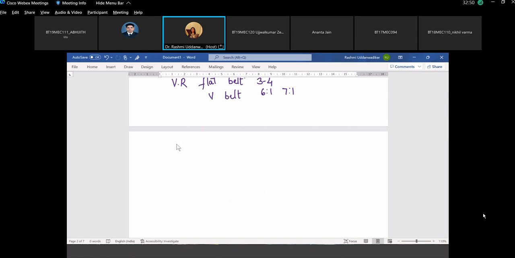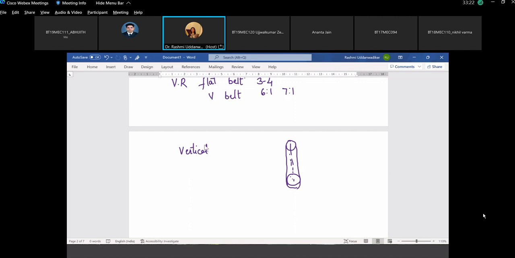Another advantage of V belt over flat belt is this can be comfortably used for vertical or inclined belt arrangement. If the two pulleys are placed one over the other, normally a flat belt won't work, because it will become slack under the action of gravity, the initial tension would reduce and the power will not be transferred.